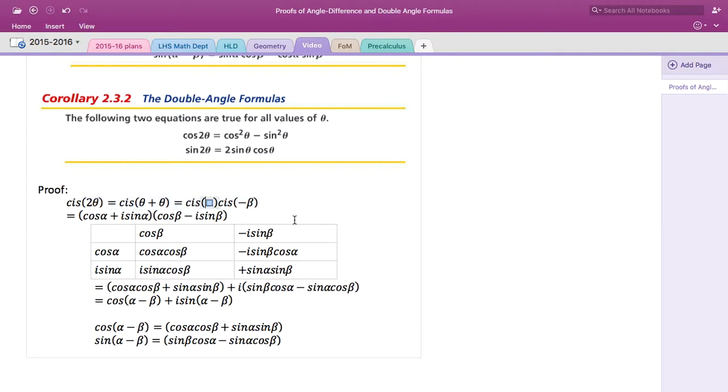So we should have CIS theta times CIS theta. That means we have cosine theta plus I sine theta times the same thing.